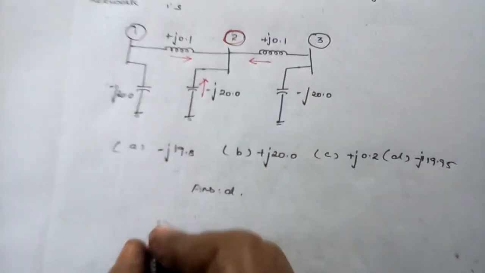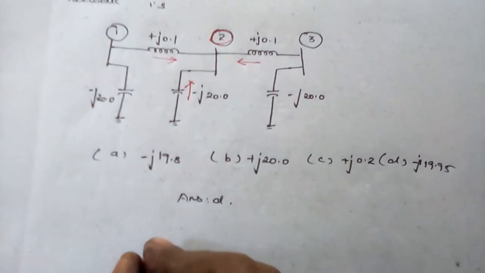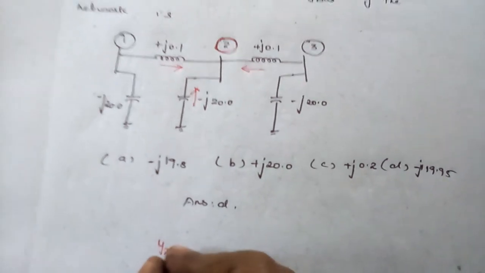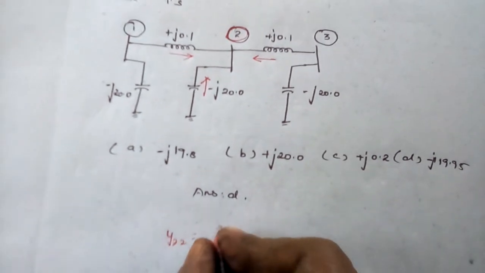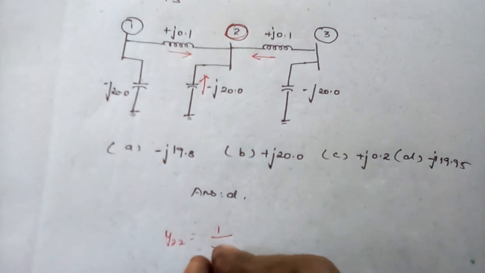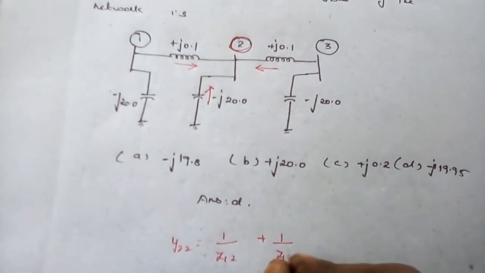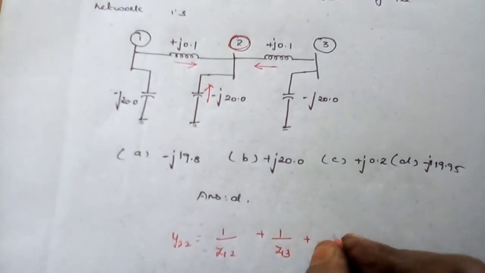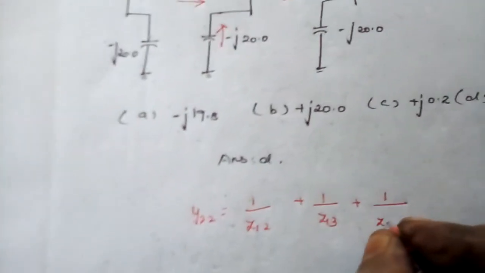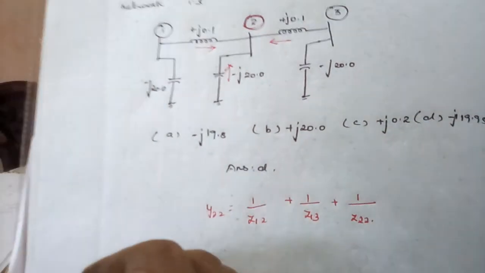And here we convert this as y22 equal to 1 divided by z12 plus 1 divided by z13 plus 1 divided by z22, right?